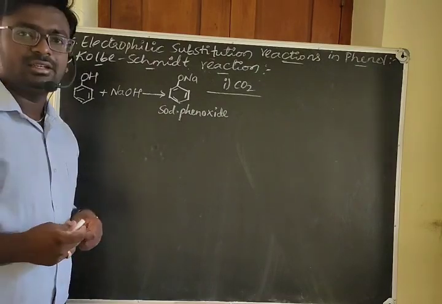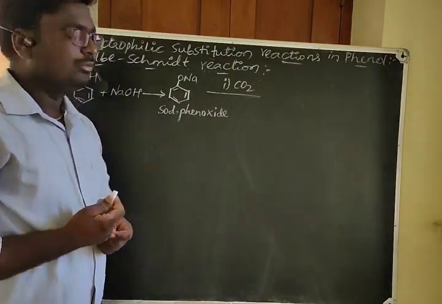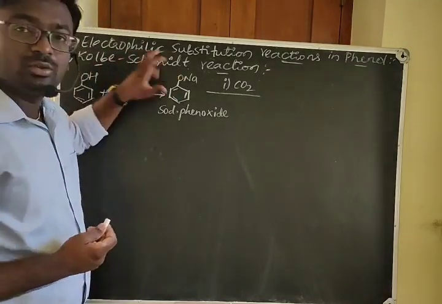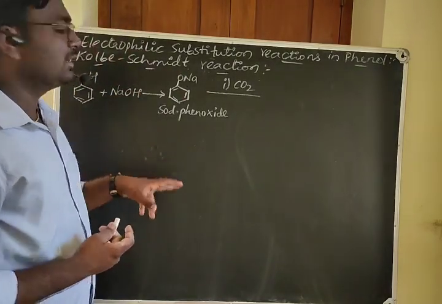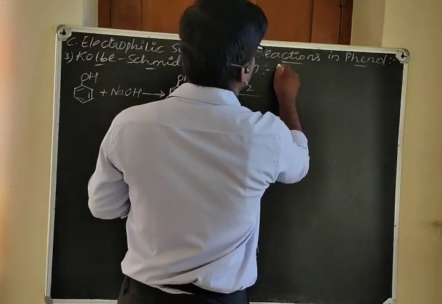here carbon dioxide is a weak electrophile. It is going to replace the hydrogen of the benzene ring. Therefore, it is undergoing an electrophilic substitution reaction.